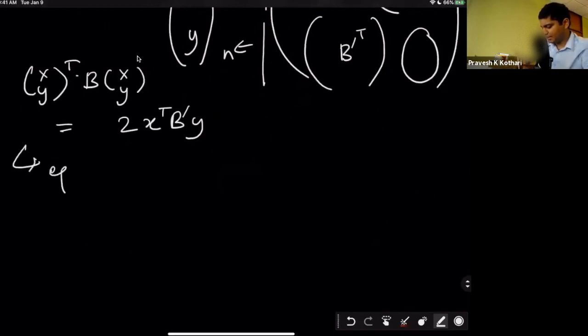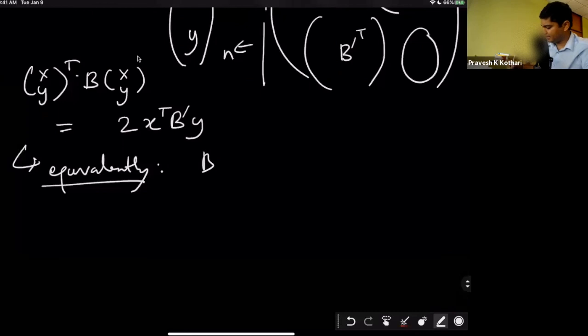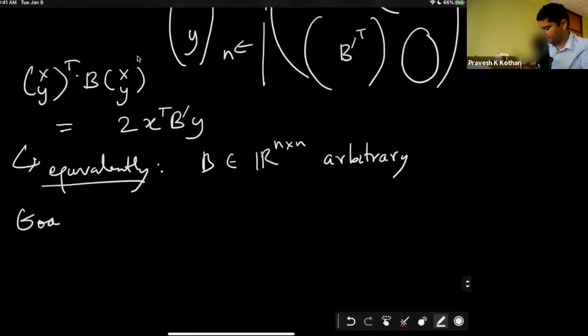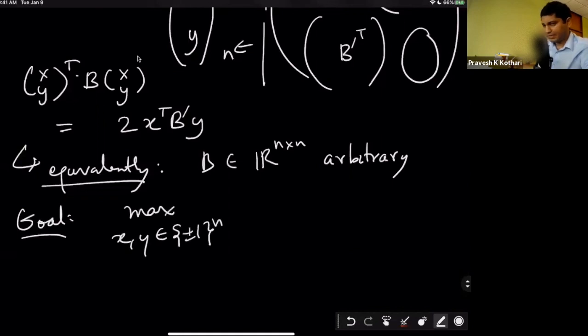So equivalently, we can think of B as an n by n matrix. B is going to be an arbitrary n by n matrix, and the goal is to maximize over all pairs of vectors in plus minus 1 to the n the bilinear form X transpose By.